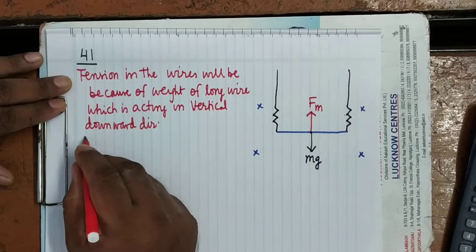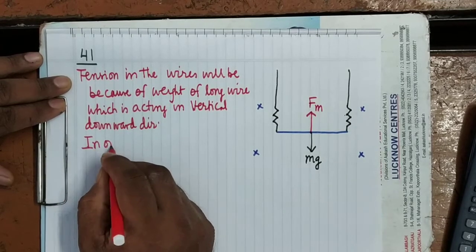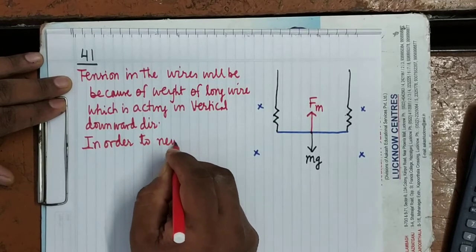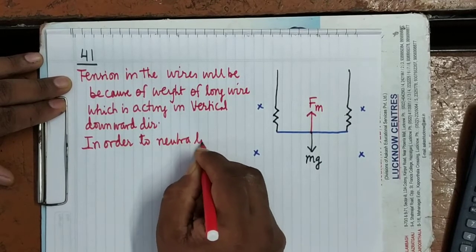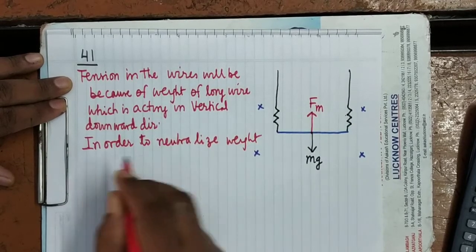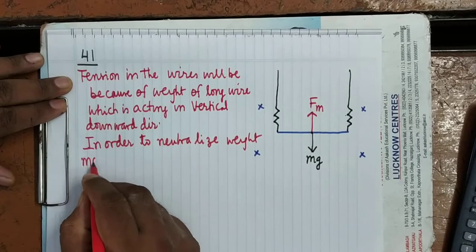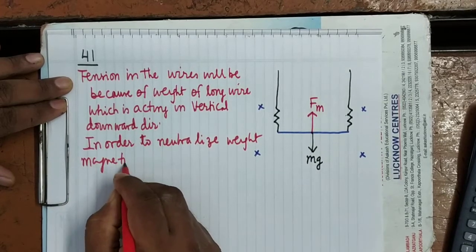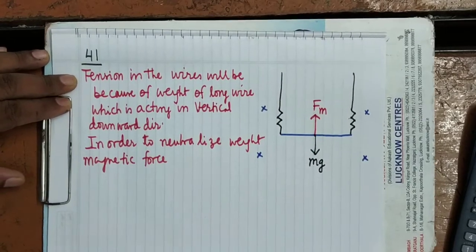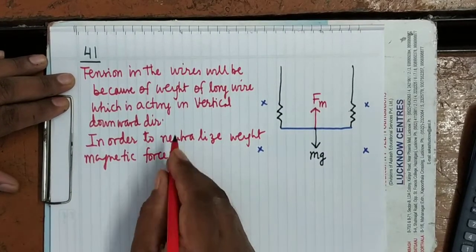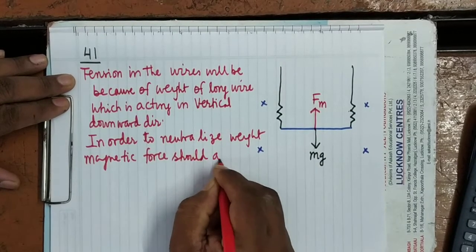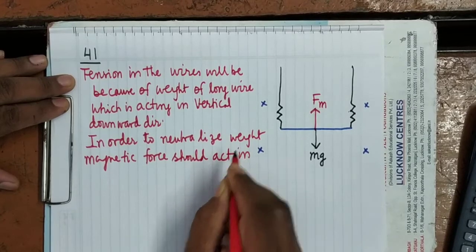In order to neutralize the weight, magnetic force should act in vertically upward direction.